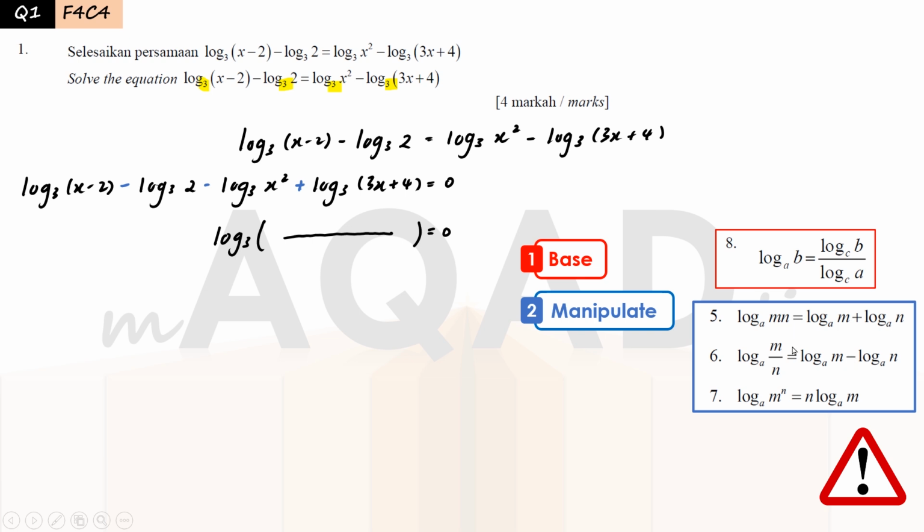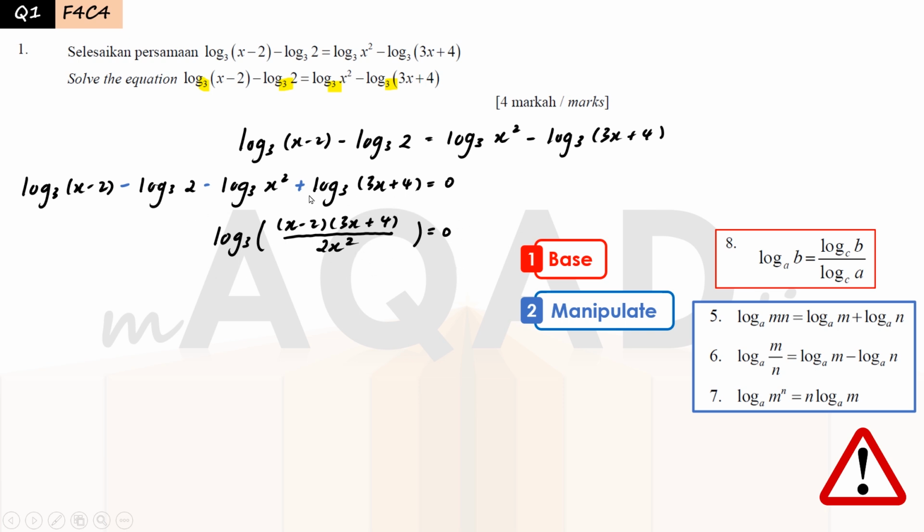If it's minus, we are going to divide. Right? So as you can see here, plus, meaning positive values, we have 1 here and we have 1 here. So all positive values put at the numerator. So x minus 2 and 3x plus 4. And then the values which are negative, 2 and x squared, we are going to put at the bottom. Alright, so this is for step 2.